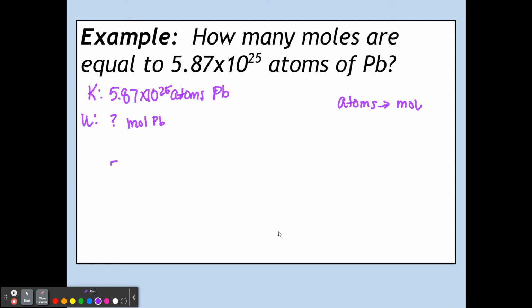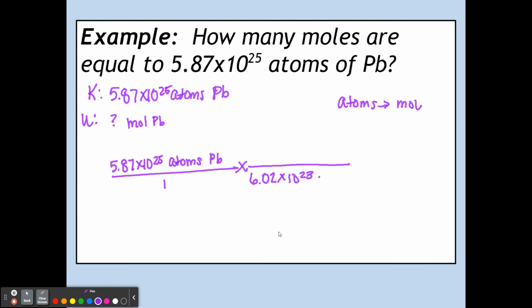Start with my known and put it over 1. I know I'm going to have atoms on the denominator because first my atoms are on the numerator. So this is our Avogadro's number, 6.02 times 10 to the 23rd atoms of Pb is equal to 1 mole of lead.